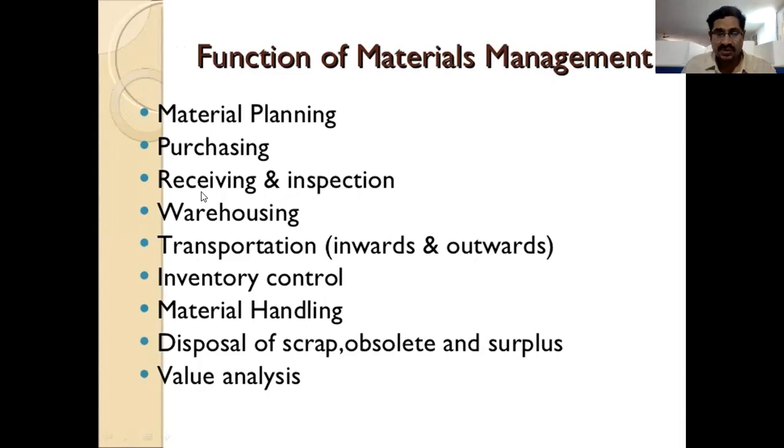Receiving the materials from the suppliers and inspecting them based upon our orders. What order we gave and what materials they sent, what quantity we gave and what quantity they sent, what price we fixed and what price they fixed. So inspecting means just checking the materials given by the suppliers.